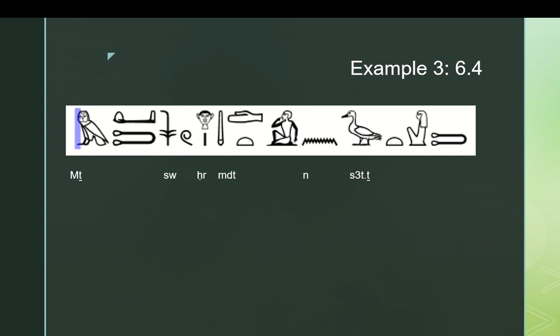So mech, su, which is our pronoun, the subject. Her is a preposition. Medet is a verb, but it is a verb that we are finding in the position after a preposition, so we know it must actually be a noun, the infinitive form, because you can't have a verb follow a preposition. Prepositions can only be followed by nouns or pronouns.